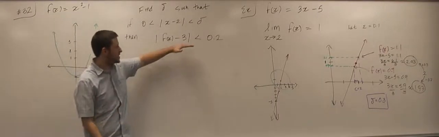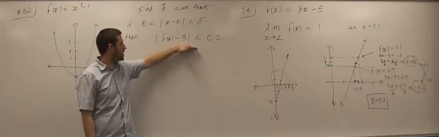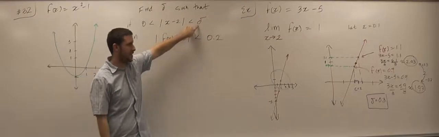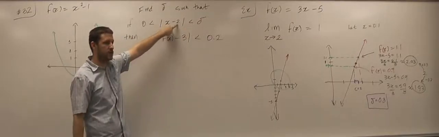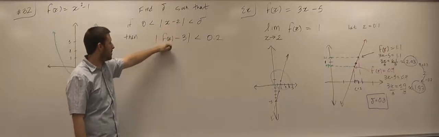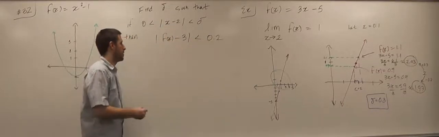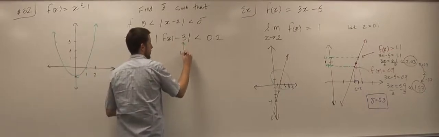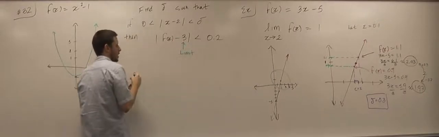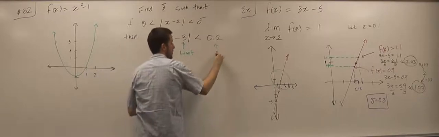So you want to think of these as tolerance statements. This is saying find a tolerance on the x-axis, find how far you can go away from 2, so that f of x doesn't go more than 0.2 from 3. So this is the projected limit, and this is your y value tolerance.